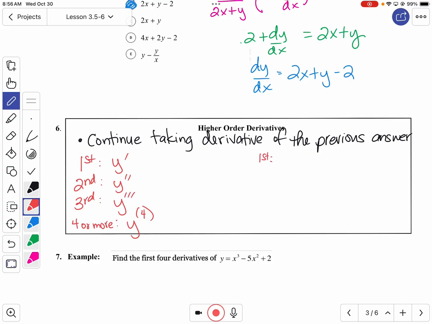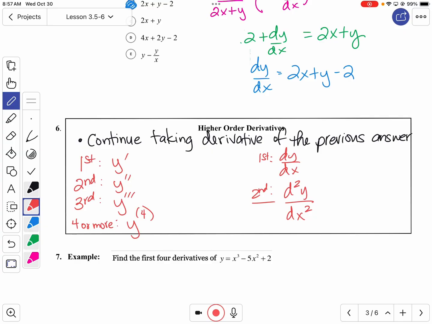So the first derivative, we already know dy dx. Now the second derivative, and this looks a little bit weird. We're taking the second derivative of y with respect to x the second time. So d2y dx squared. It's kind of weird, but it's the second derivative of y with respect to x for the second time.